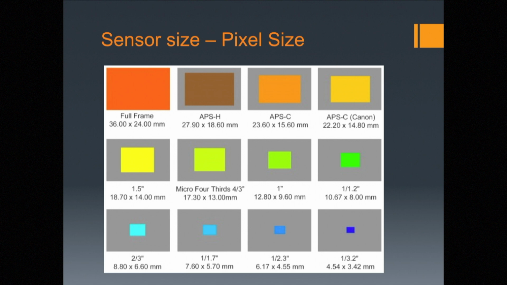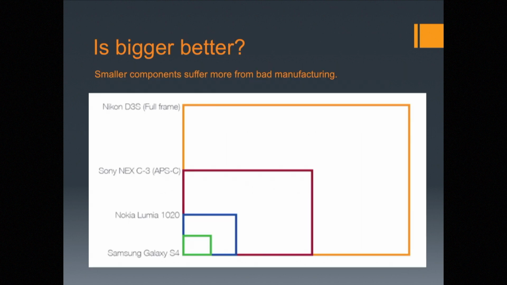And so things happen. If there's any kind of a bubble in the glass, it would be bad with a big lens, but it'd be really bad with a small lens. So the smaller components suffer more from bad manufacturing. And that's why a lot of cell phones had bad cameras to begin with.